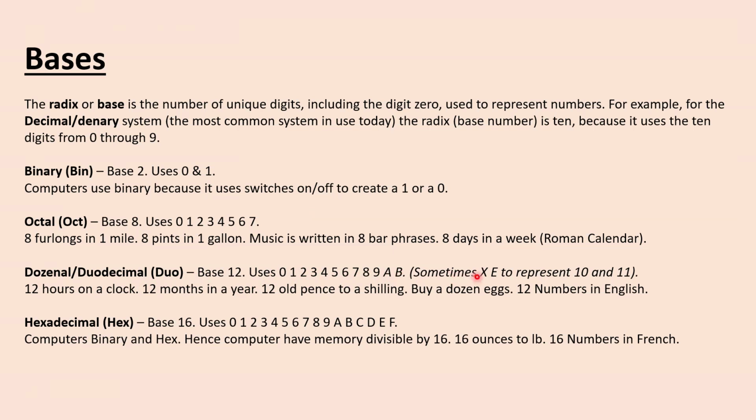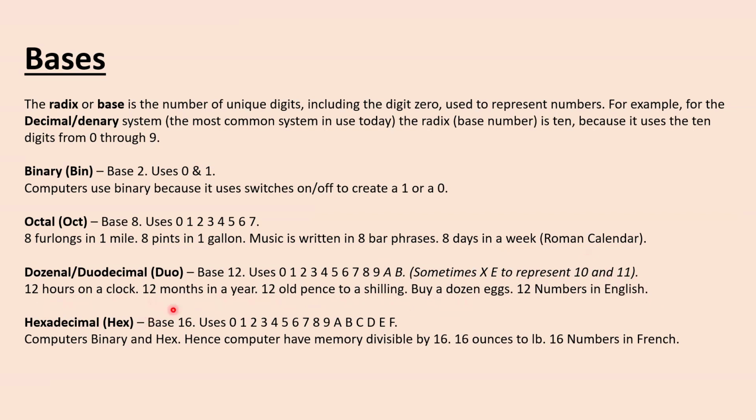Now, sometimes they use an X for 10 and an E for 11 to represent 10 and 11 when using base 12. Again, you're probably thinking, well, there's no base 12 in today's life. Oh, yes, there is. We have 12 hours on a clock, 12 months in a year, 12 old pence to a shilling. You buy a dozen eggs, 12 numbers in the English language. I'll come to that in a minute.